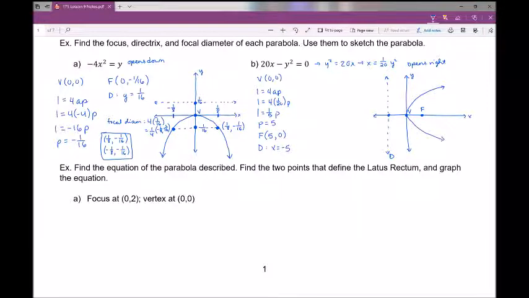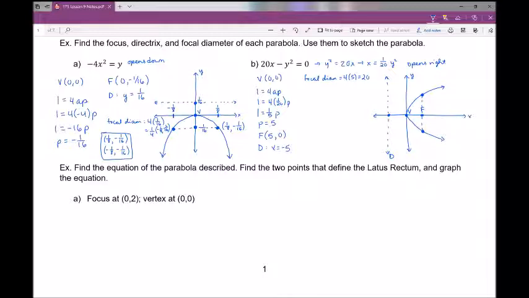Okay, now the last thing again that we need to do is just to find those 2 points that define our focal diameter. Okay, so remember that to find the total length of the focal diameter, we just take 4 times a. So the focal diameter will have a length of 4 times 5, which is 20. Okay, so once again, we have the x-axis cutting the parabola in half, so we want to half this distance on either side.